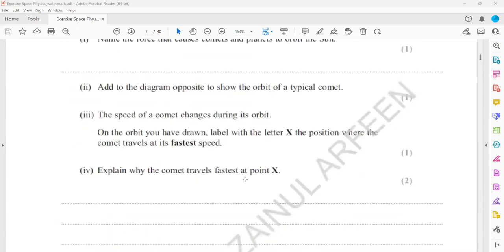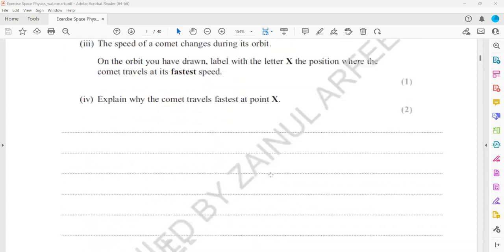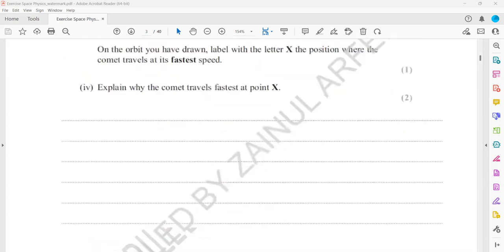Explain why the comet travels fastest at point X. It's worth 2 marks. So what points will you include? First thing, the total energy is conserved.